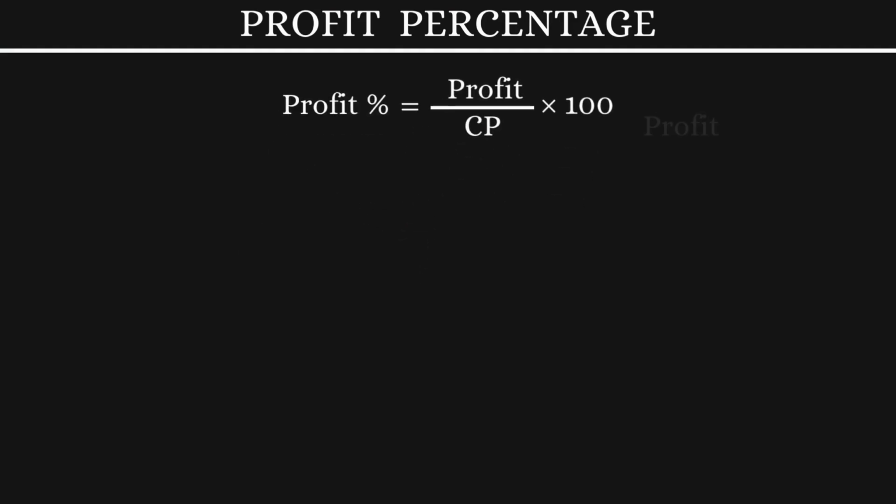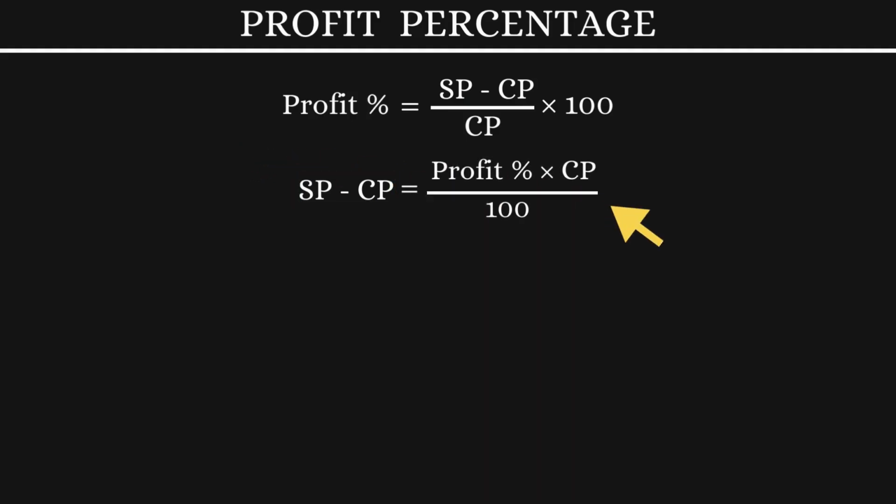We know that profit is selling price minus cost price. Let's use it here. Since we need only the selling price, let's keep this expression on one side and move the other terms to the other side.